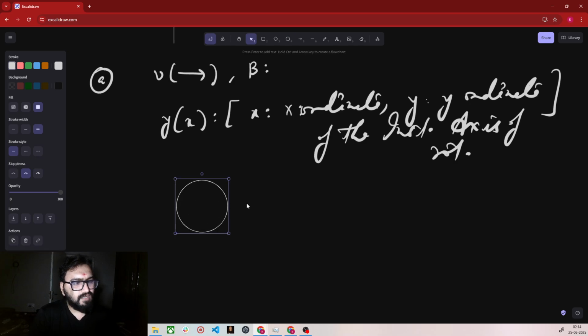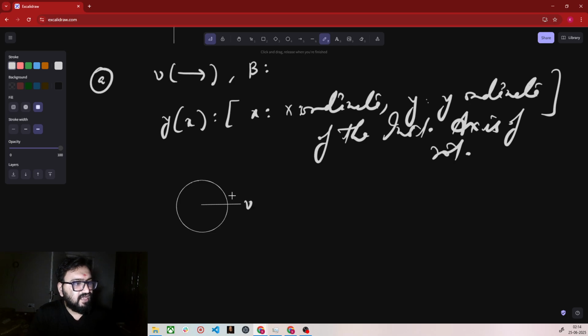Instantaneously, its axis has a velocity v, and since it is rolling, it also has an instantaneous angular velocity, because it's not necessary that the angular velocity would be constant. The rolling body can have an angular acceleration. In such a case, the rolling body will have an instantaneous angular velocity, right?